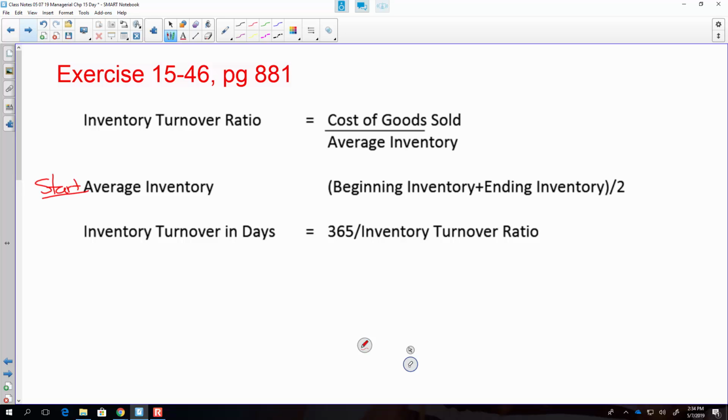Beginning inventory was 53,420. Ending inventory was 62,640. We take those and divide by 2.